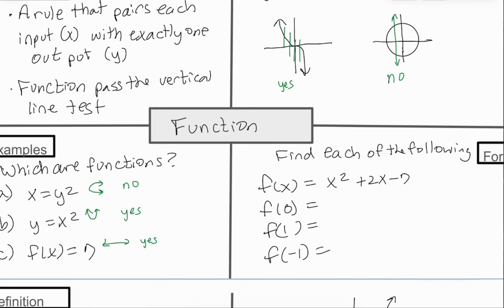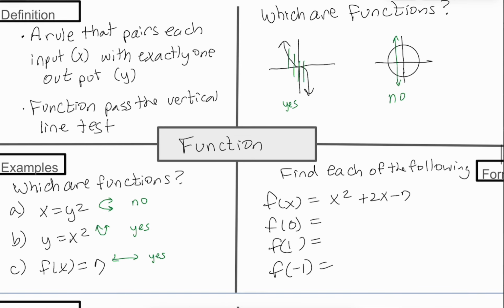And then this last corner is just about using a function to input values. So let's practice doing that. F of 0 means take out the input of x and put in a 0. So that would be 0 plus 0 minus 7, which is negative 7. If we plug in 1, we get 1 plus 2 minus 7, which is negative 4.